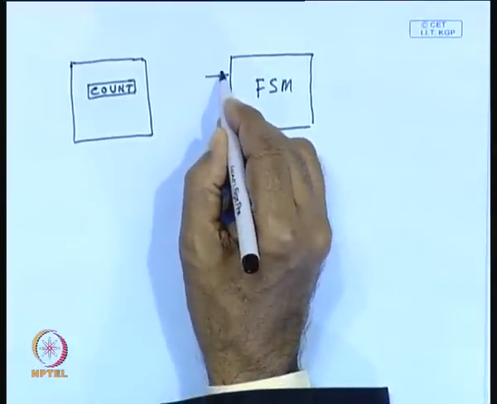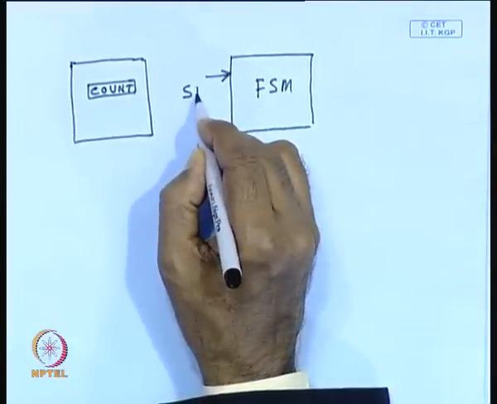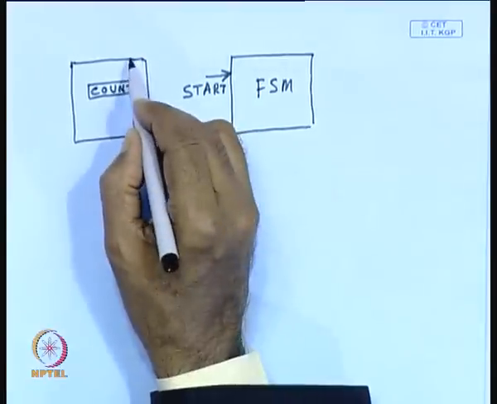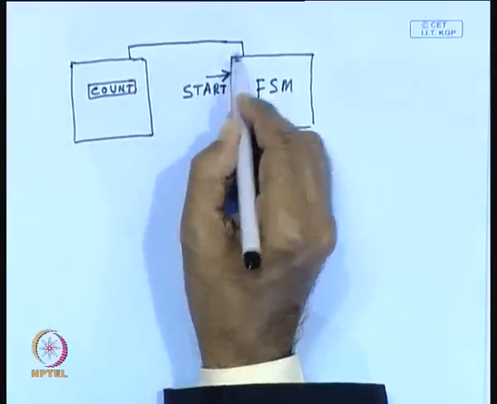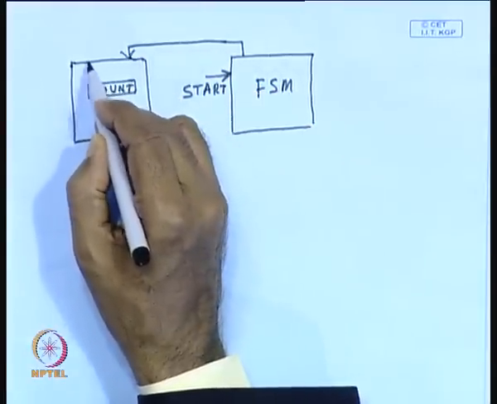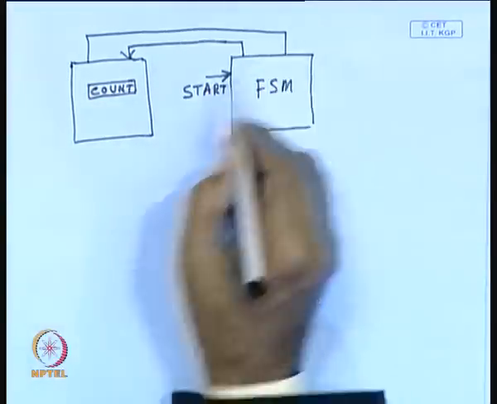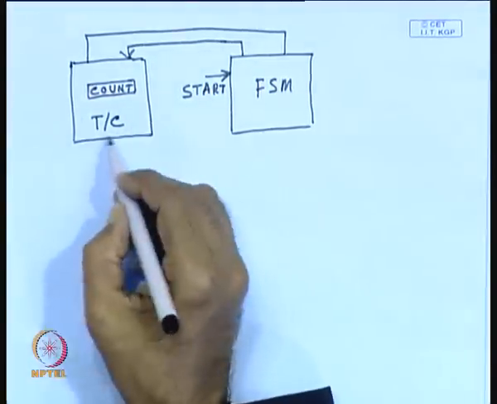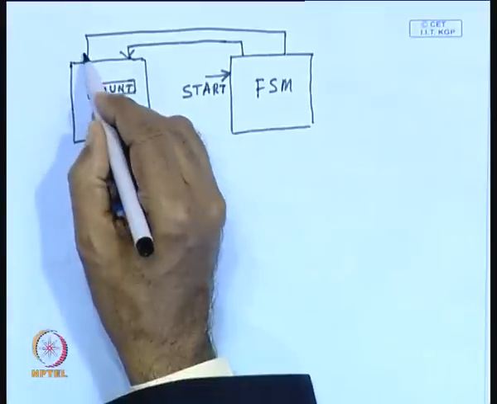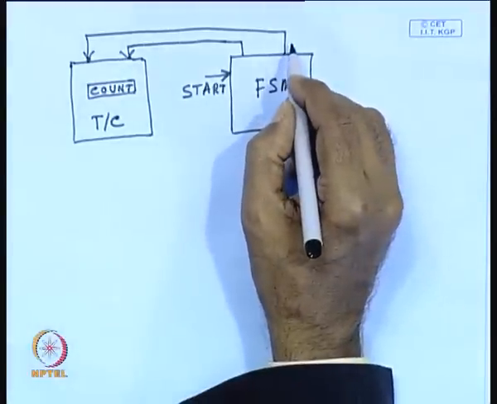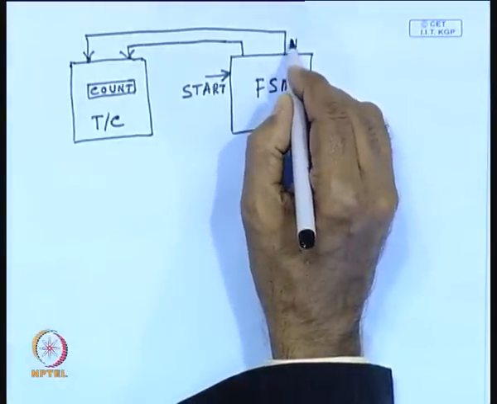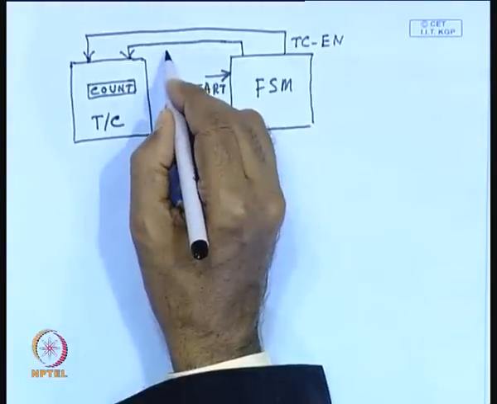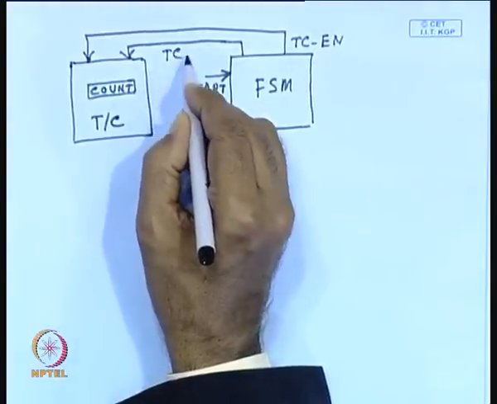The FSM can be started with the help of a start signal, and the FSM also generates two signals which are applied to this timer counter. You can say this is a module, and these two signals are one, the timer counter enable, TC EN, and another, the timer counter set, TC set.